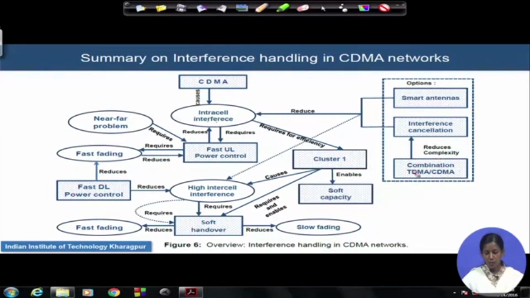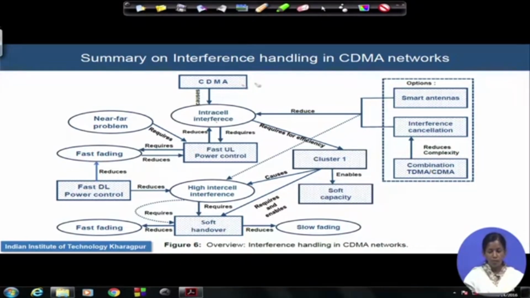This combination of TDMA and CDMA also helps to reduce the complexity of the MUD architecture, because if I use TDMA, then the number of multiple users whose detection and cancellation is required can be restricted. It can be reduced if I combine TDMA with CDMA.